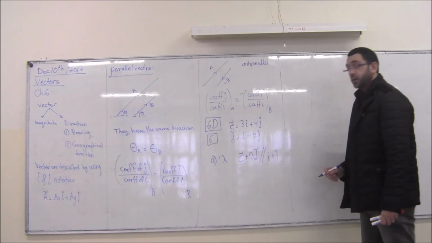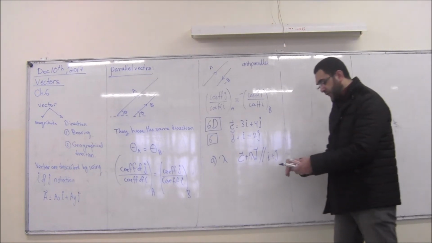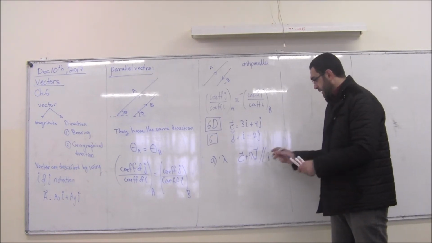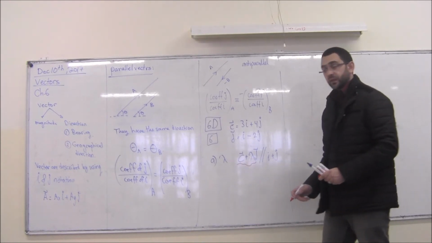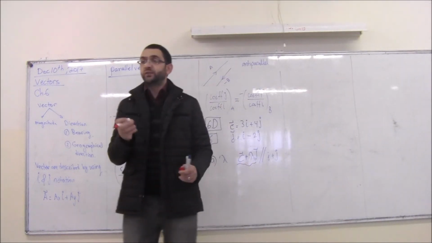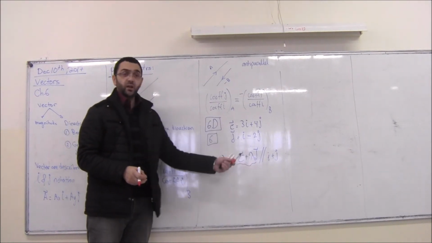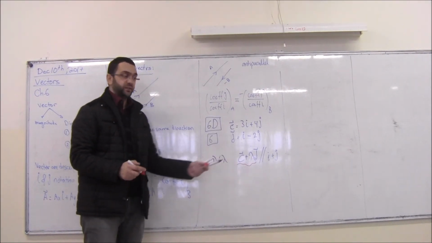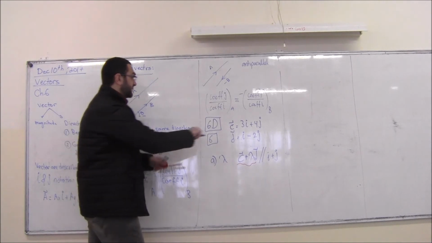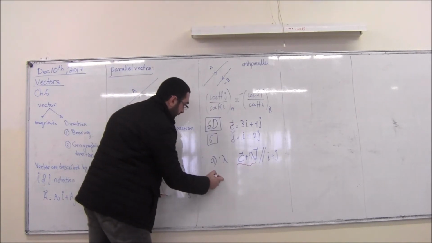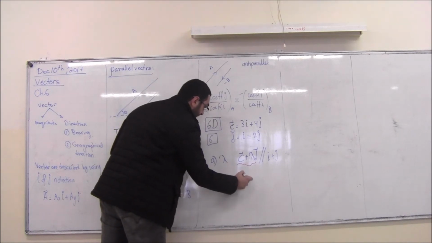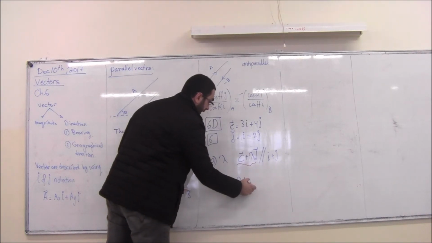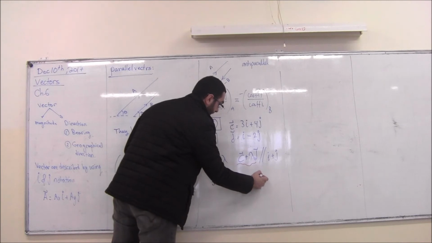Now first of all, I have to find this vector. This vector is combined of two vectors. What are they? C and D, right? C is 3i plus 4j, plus lambda times D, which is i minus 2j.